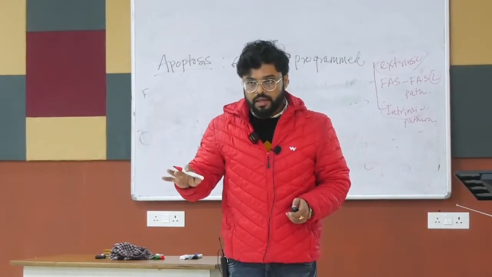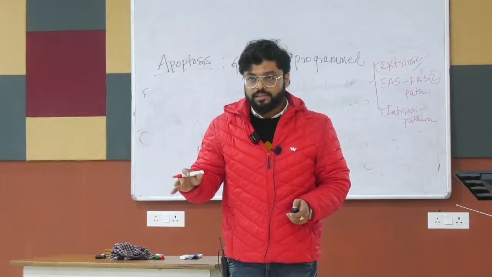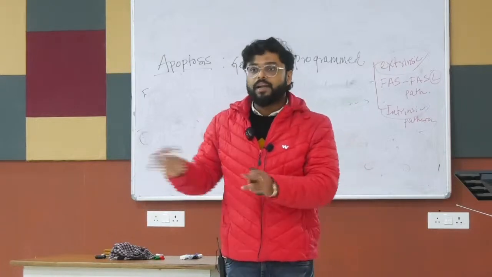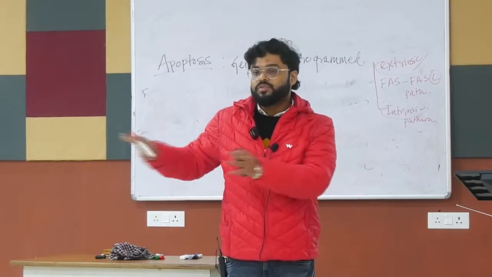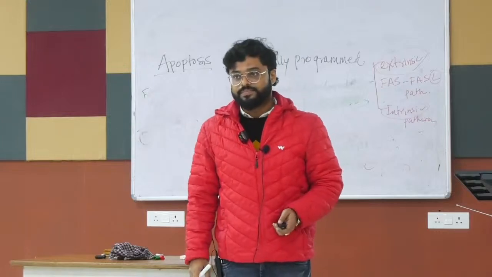The pro-apoptotic genes are mostly activated, and the anti-apoptotic genes are suppressed. So the balance shifts towards apoptosis. This is due to some signal coming from within the cell. There is no external signal.